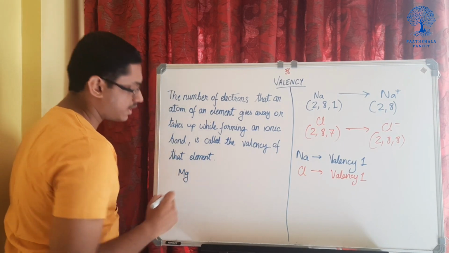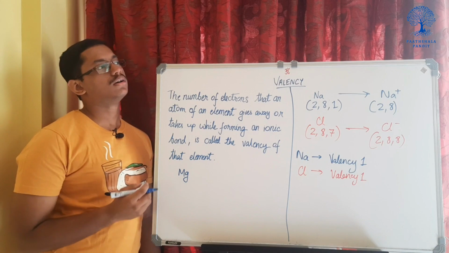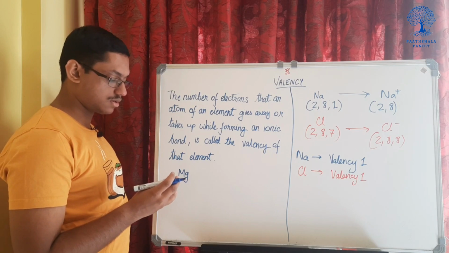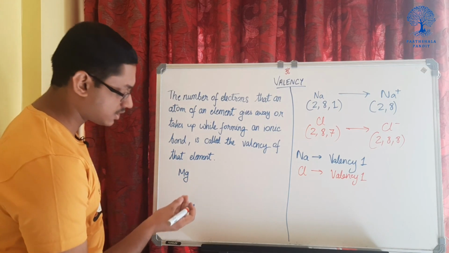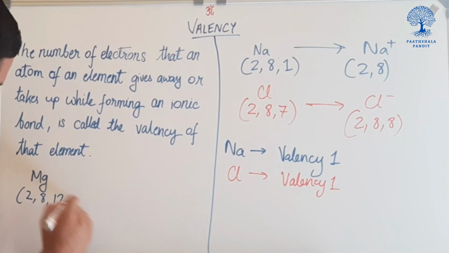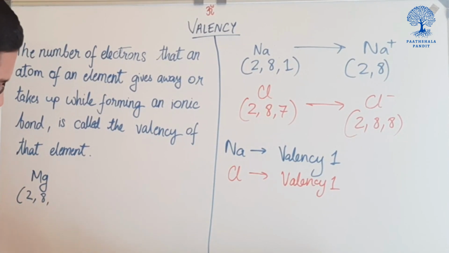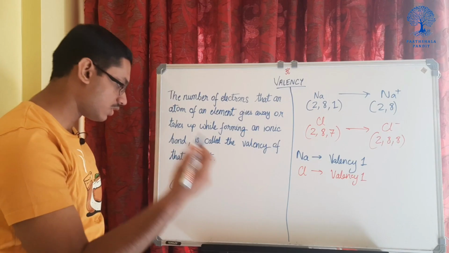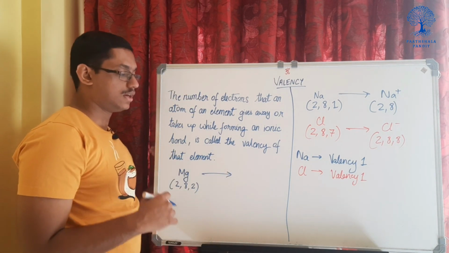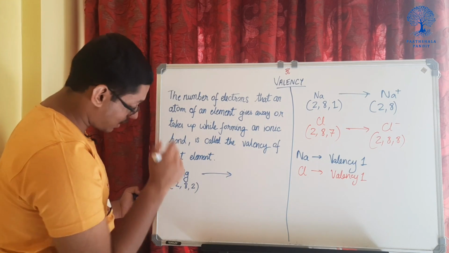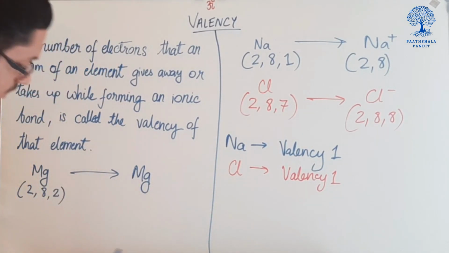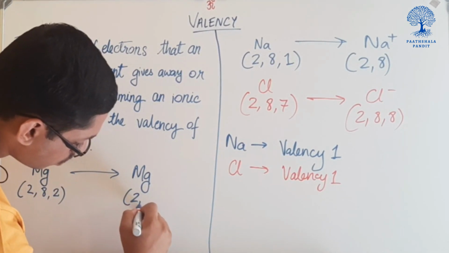Magnesium. Its electronic configuration is 2 8 2, and it can give out 2 electrons so as to become 2, 8.